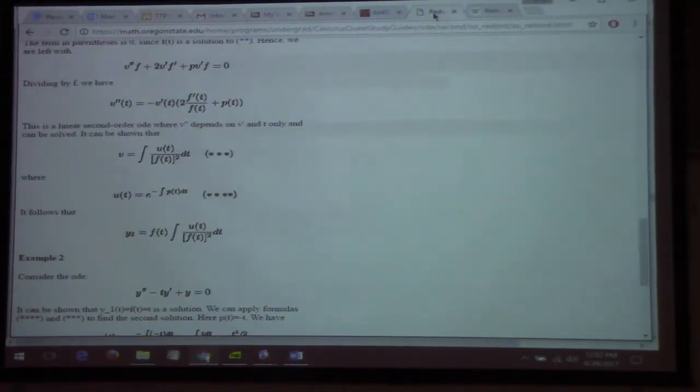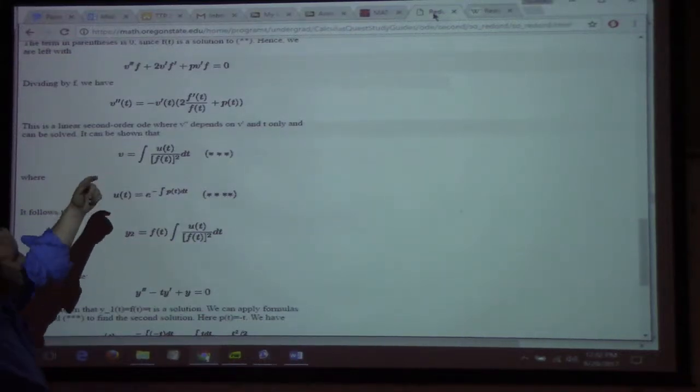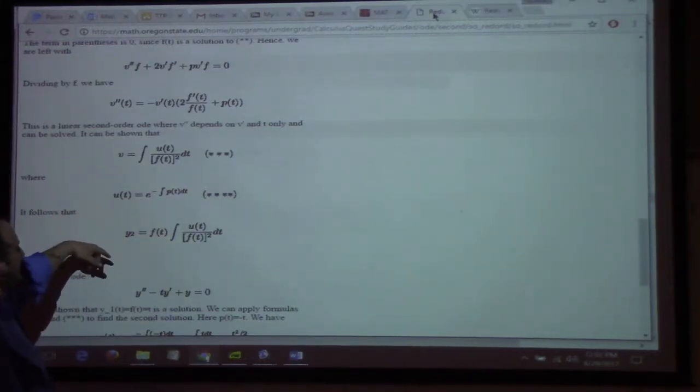So this gentleman here, some professor at Oregon State. I don't know if you see his name there or not. Anyway, so he's actually dealing with the homogeneous problem, which is what I want. And he also gets to the same differential equation, but this is the simplification I was talking about.